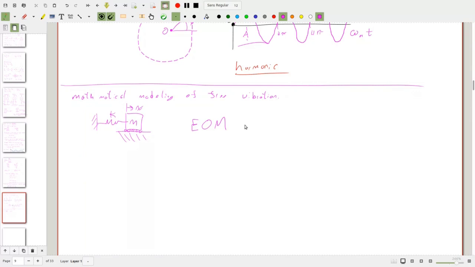Yeah. So the equation of motion is m x double dot plus k x equals 0. Right? And so this is an ODE, correct? This is a homogeneous ODE.